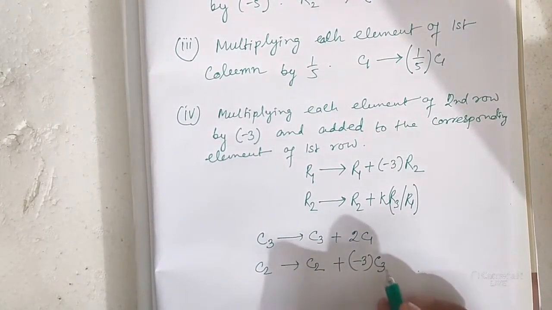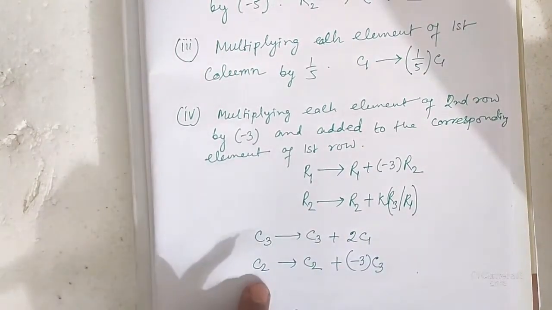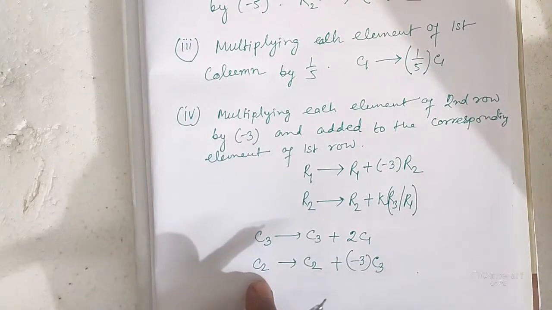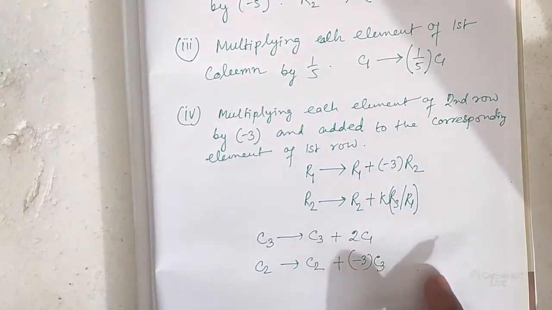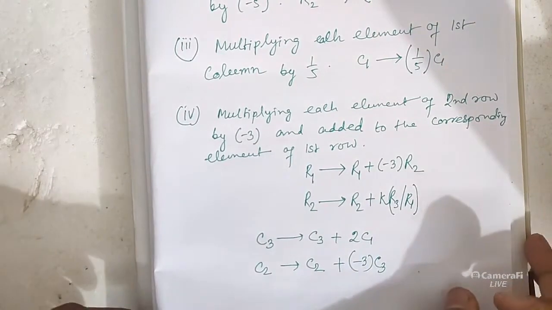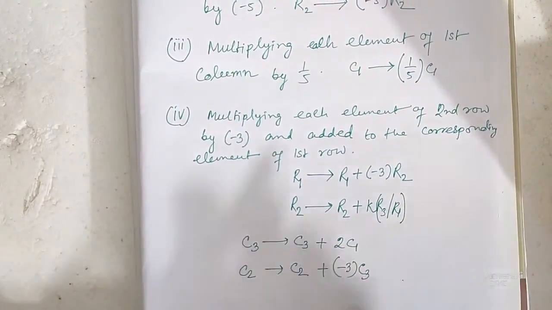Here you cannot take column 2. Whatever row or column you are changing, with that row or column's elements you cannot multiply a scalar. Now we will solve a few questions to find the determinant value without expanding.